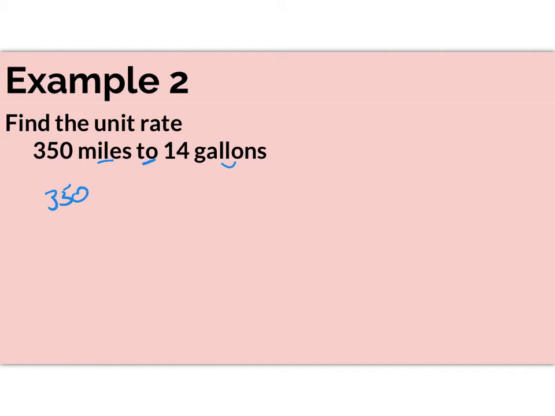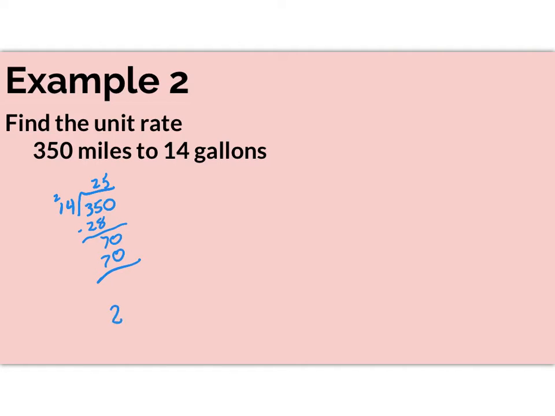So 350 over 14, and we're going to have to divide this. 350 divided by 14, and we'll do the math on the next page. 14 into 350 goes twice. 28, minus, we get 70. 5 times 14 is 70, so that goes in an even amount.